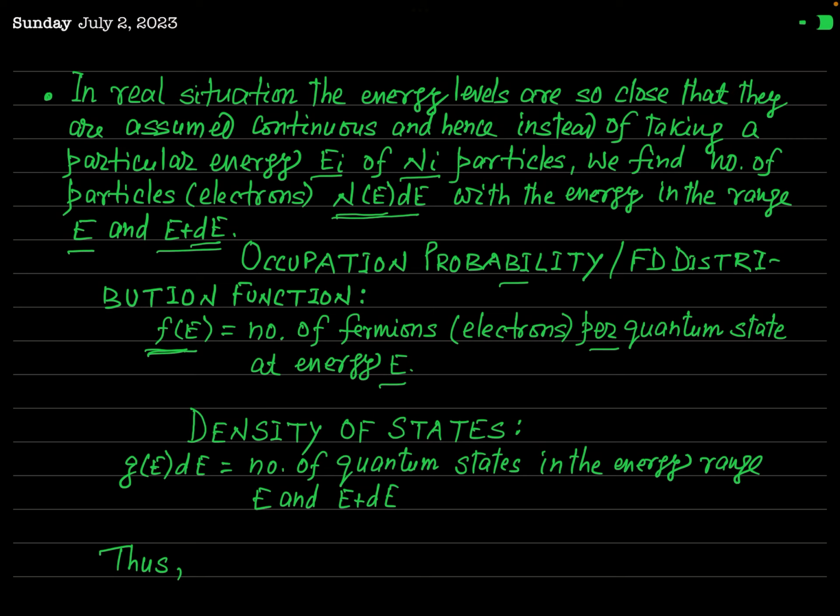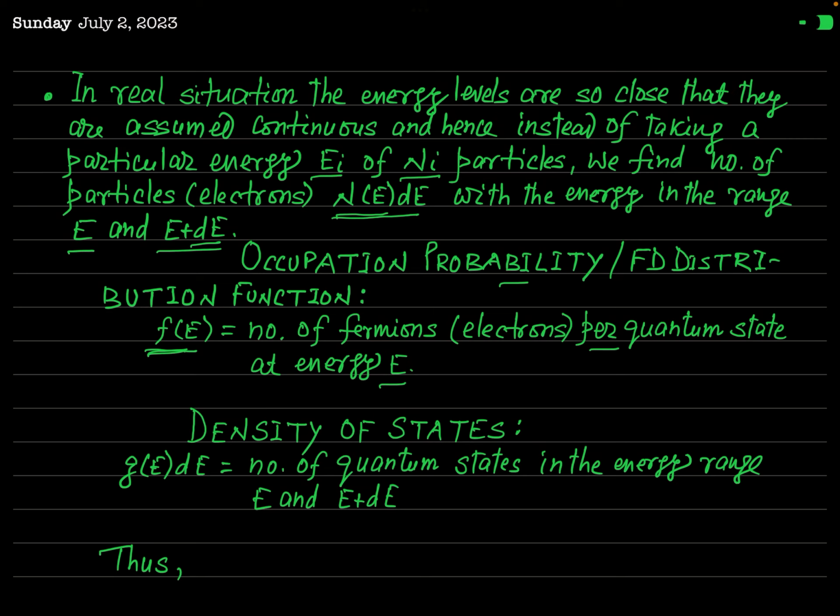And when you talk about the density of states, you have already studied it in great detail during the study of Bose-Einstein statistics. The definition is the same, but the expression will be different because our statistics has changed.